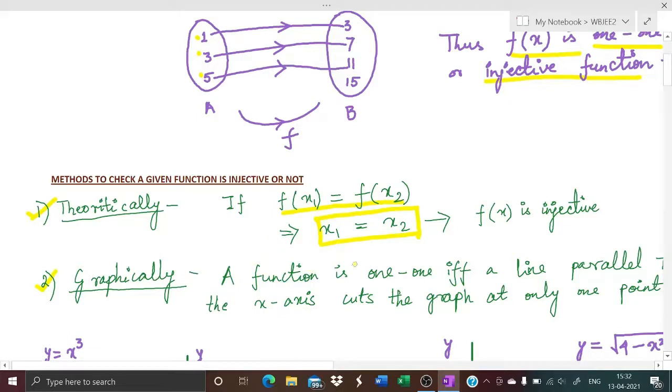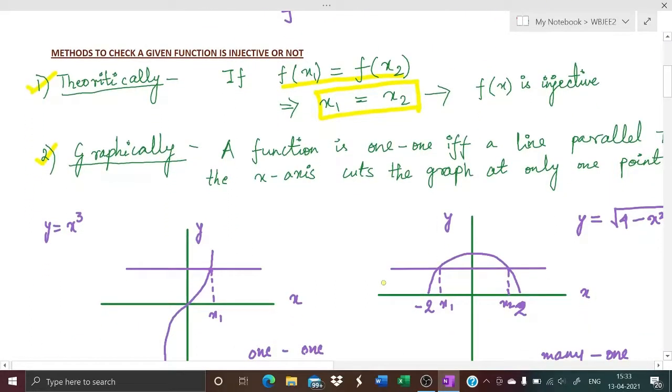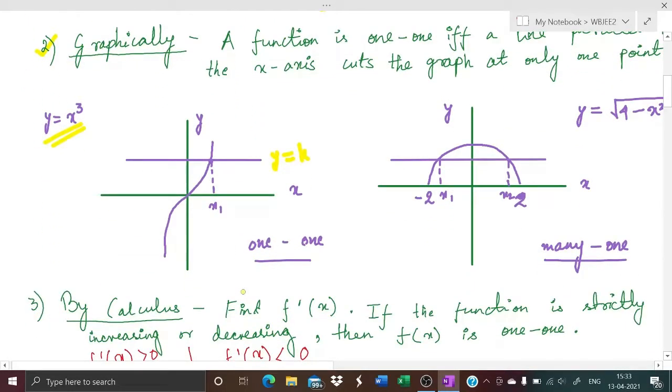You draw a line parallel to the x-axis, and if that line cuts the graph at only one point, as you can see in this graph of y equals x cubed, for any value y equals k, then your function is a one-one function, or injective function.